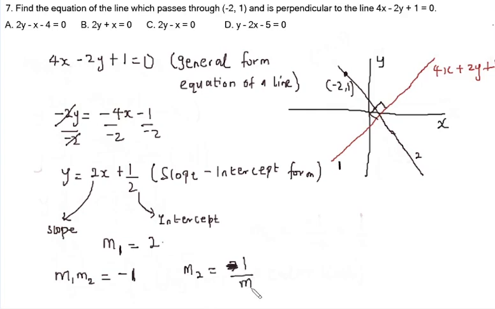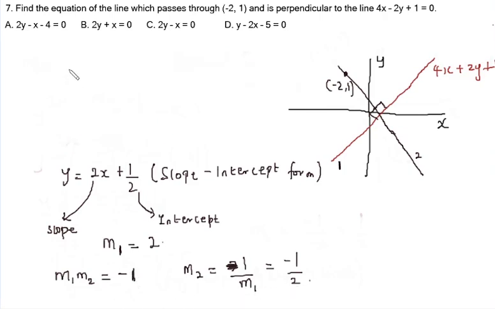So this is equal to -1 over 2. Let's clean up space. So for our second line, we have two pieces of information that we know. We know that m2 is equal to -1 over 2, and we know a point on the line, -2 and 1. So when you know the slope of a line and you know a point on the line, you can get the equation of the line.